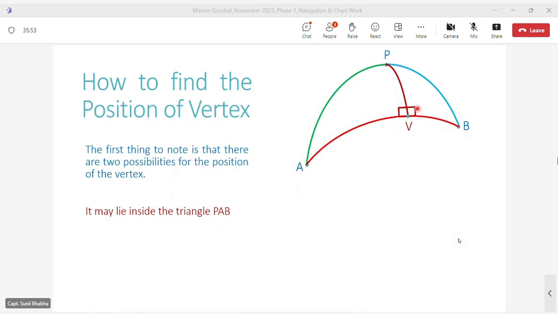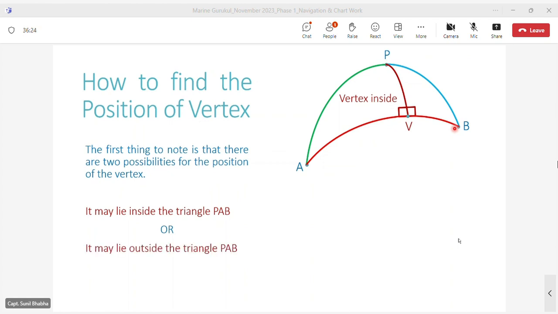That is why angle vector of both the triangles Papa Victor Alpha and Papa Victor Bravo will also be 90 degrees. This is the first case. This is the first scenario where the vertex lies inside the triangle PAB, or the vertex lies in between our initial and final positions. Now there could be one more scenario or one more situation.